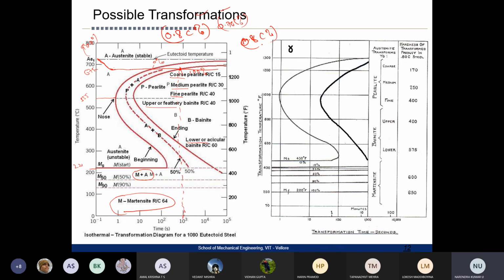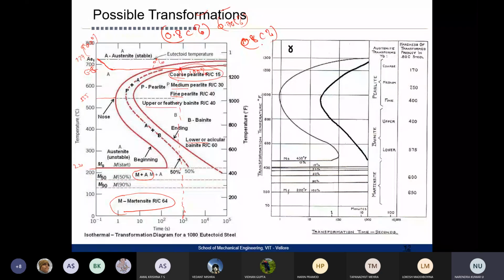So that means from 727, immediately quench to 675 and keep the sample for 10⁻³ seconds. The moment I do that, my sample will have only coarse perlite structure.